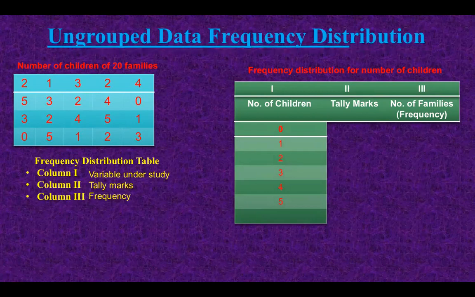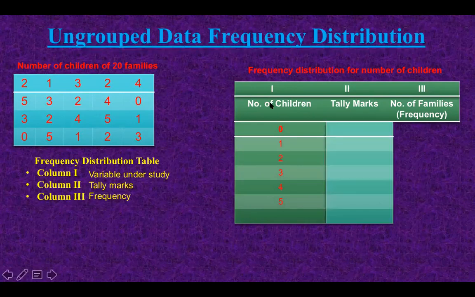Now, the next step is to give the tally marks. Tally marks show the number of observations in that class. 0 is repeated 2 times, so we give the tally mark 2. For 1, we count how many times it occurs: 1, 2, and 3. We give the tally mark of 3 lines. And how many times is 2? 1, 2, 3, 4, 5.